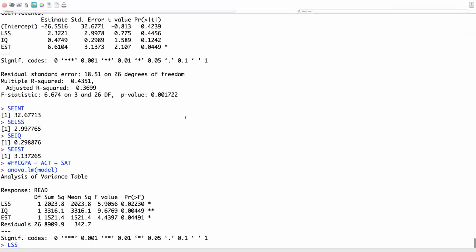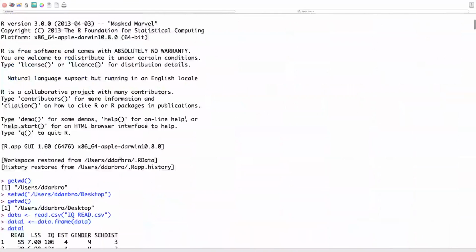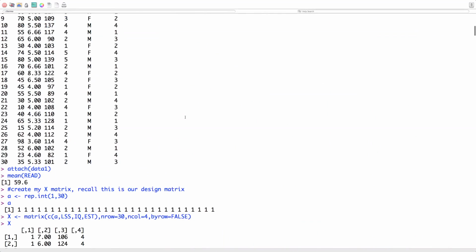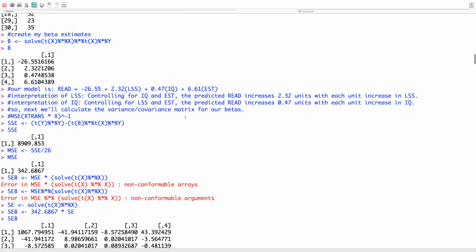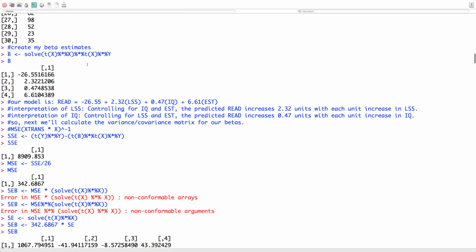And what was our beta estimate for IQ? Well, we got that back there when we calculated B. And remember, the first was our intercept. The second was LSS. So 0.475 was the beta estimate.